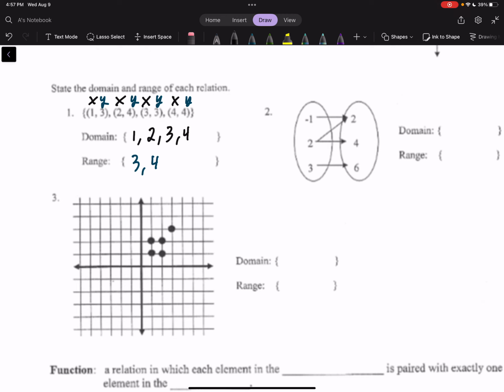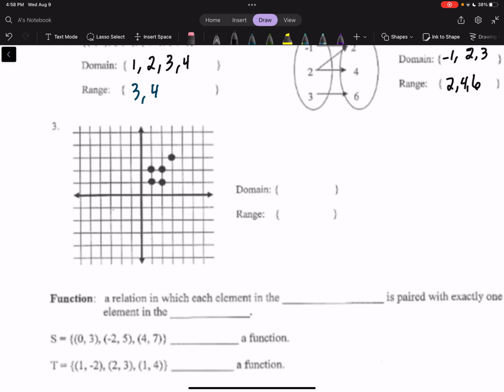Domain for the mapping, -1, 2, 3. Range 2, 4, 6. Domain for our graph here, we have 1, we have 2, we have 3, likewise for range.